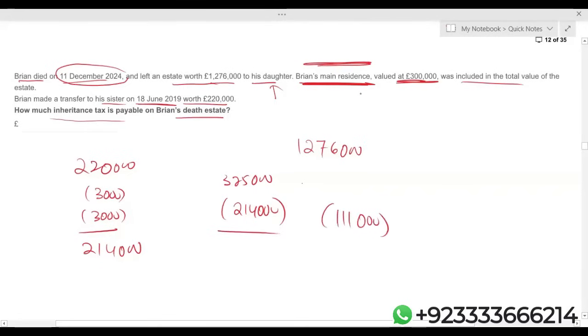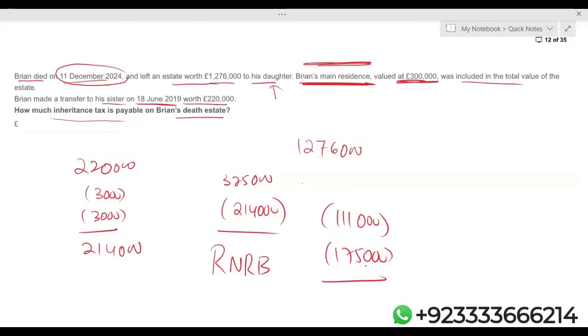Now, it can be seen in the question, Brian's main residence value is 3 lakh. Examiner is highlighting to calculate IHT on death estate, and examiner is highlighting the main residence, which is left to a direct descendant. So you will be getting residence nil rate band of 1,75,000 also. So let's see the taxable estate. 1,276,000 minus 1,110,000 minus 175.